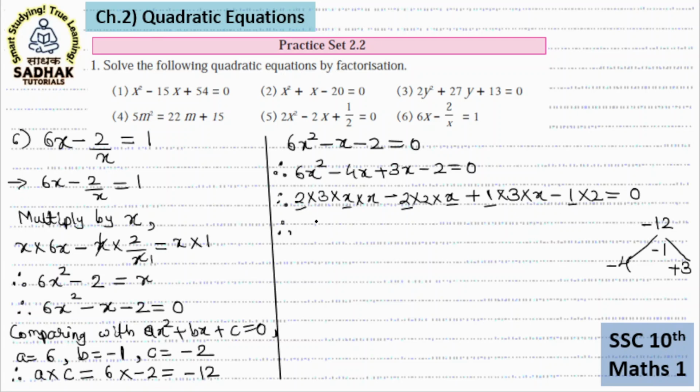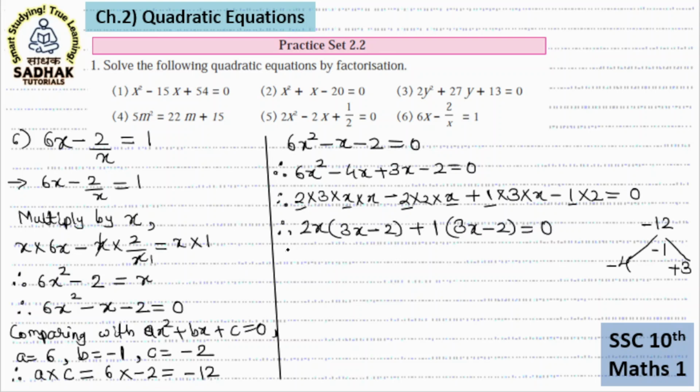Okay, so whatever is common we take outside, and whatever is not common we put it into the bracket. So here 2x is common, so 2x, and in bracket we will have 3x minus 2, and in the third and the fourth term only 1 is common, so 1 I am taking outside, and 3x minus 2 remains in the bracket.